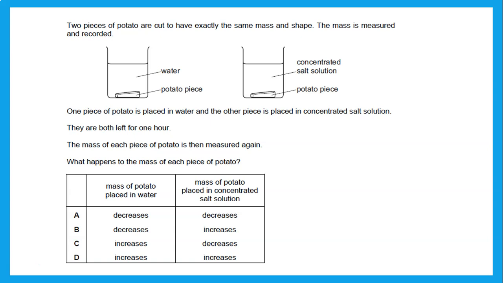What happens to the mass of each piece of potato? We have the first potato in water. Remember, if I have lots of water outside, then the water will go into the potato. So if I weigh it after that, the mass will be increased.